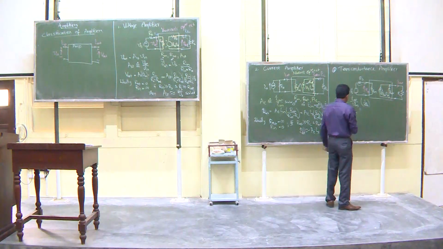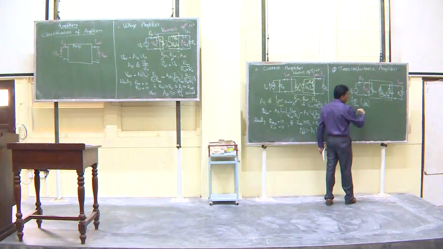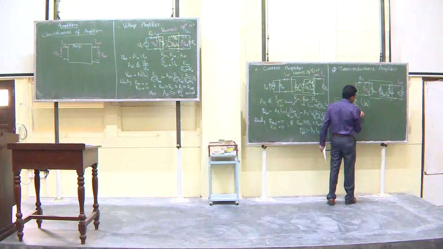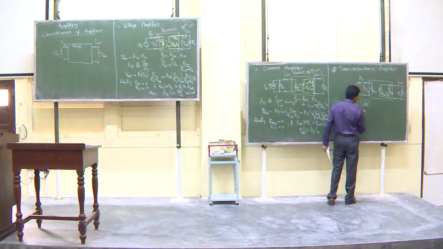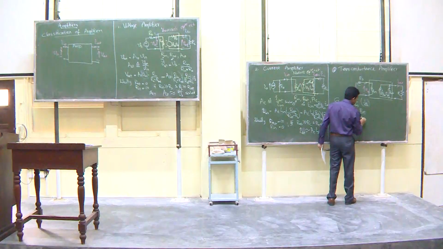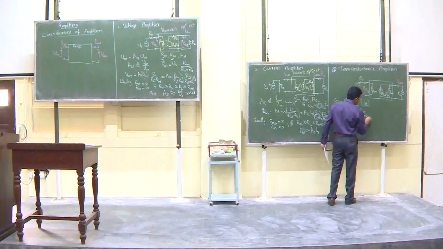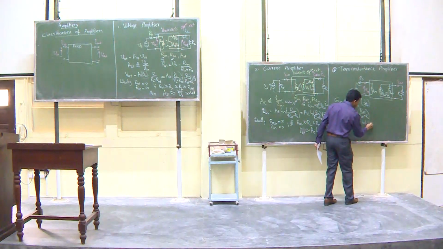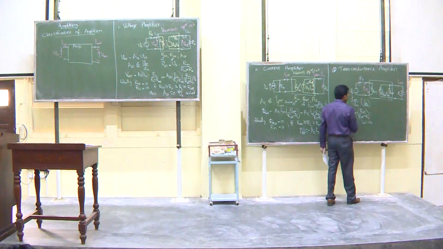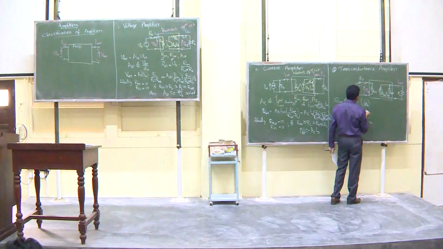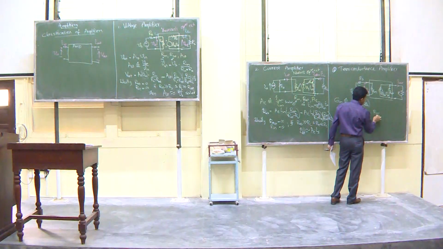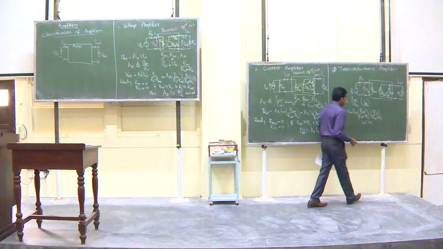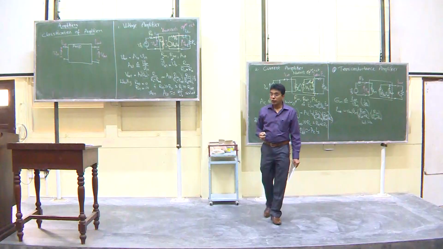Because of that, I am going to write it directly: I will have the current ratio R out over R out plus RL, this is the load side loss, and then on the source side I will have R in, this loss.